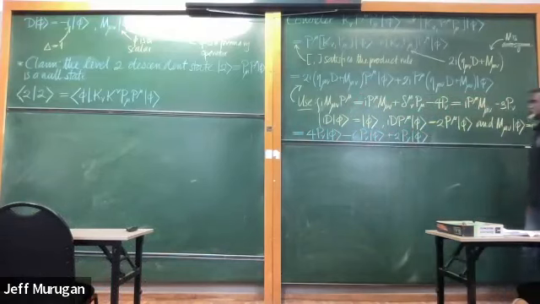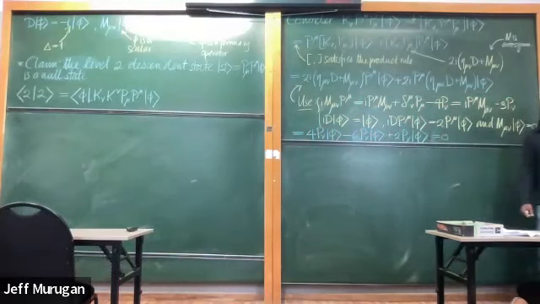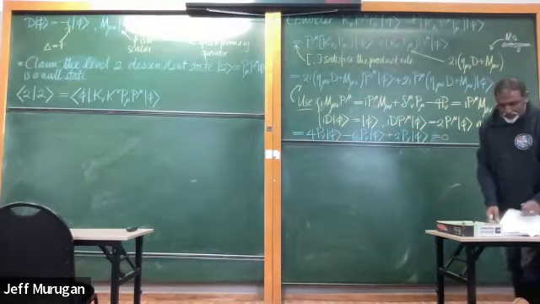Go through the calculation yourself to convince yourself that this is the case. And 4 plus 2 minus 6 is 0. So indeed, the level 2 descendant is a null state.